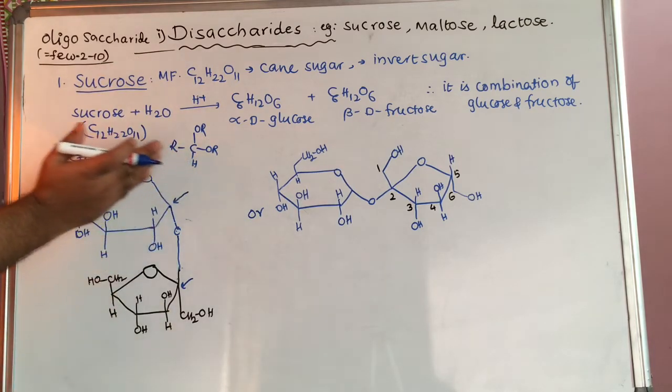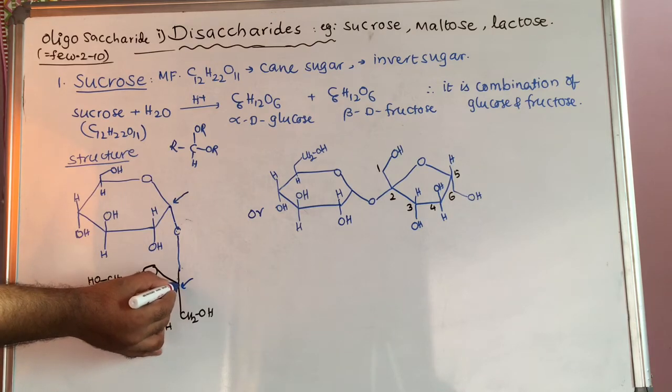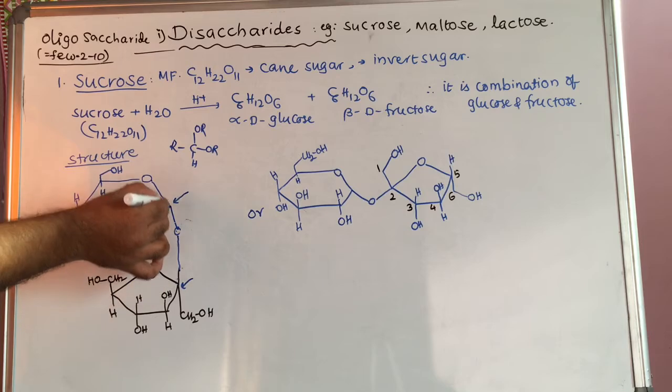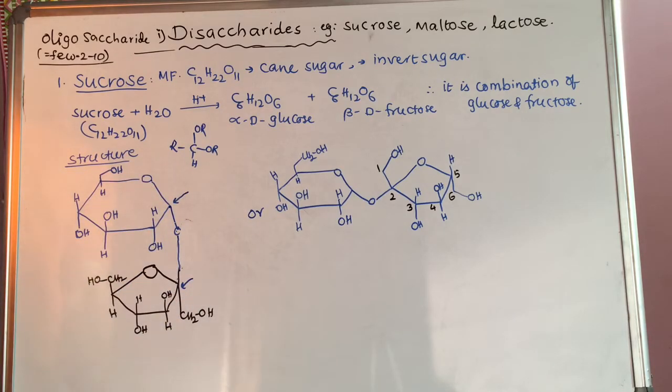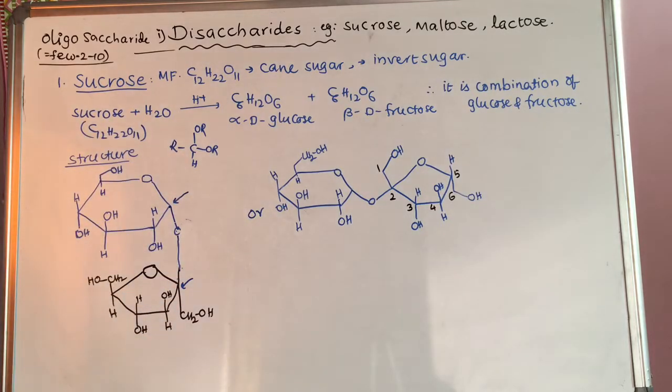This glucose has the acetal form and this fructose has the acetal form. This anomeric carbon has OR and this also has OR. That's why totally this is in acetal form. There is no hemiacetal at the anomeric carbon.